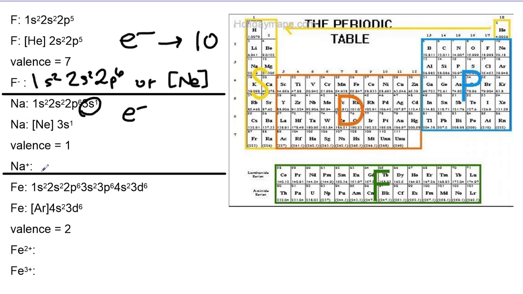So it's also going to have a configuration similar to neon: 1s2, 2s2, and 2p6. So in this case, you also could write the shorthand of the sodium ion as neon.